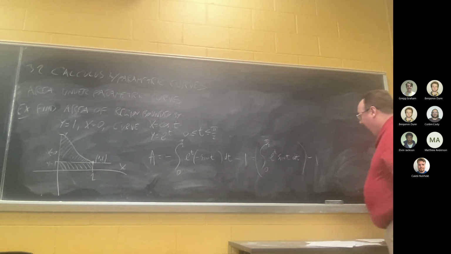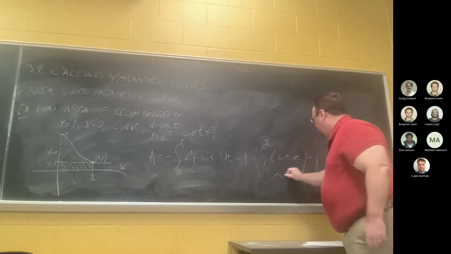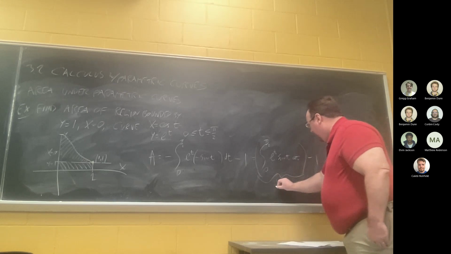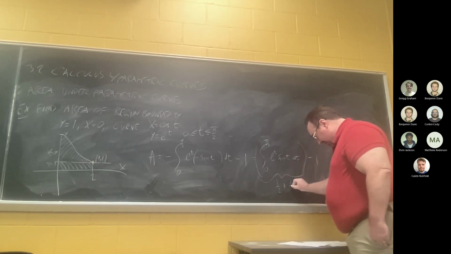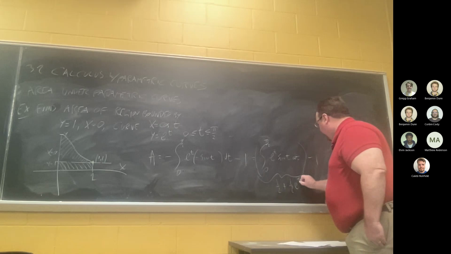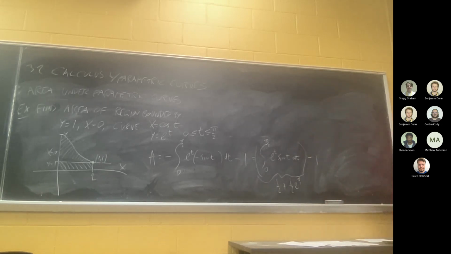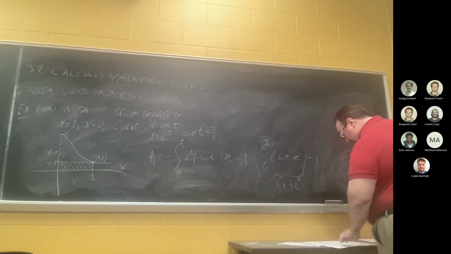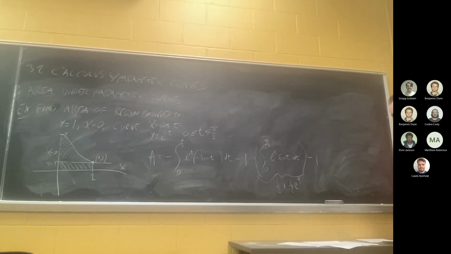And so this turns out to be 1/2 plus 1/2 e to the pi over 2, and then you subtract 1 from that. You get the final result.